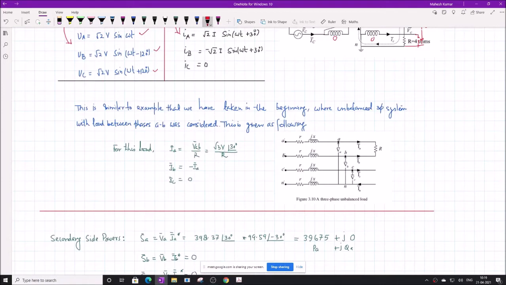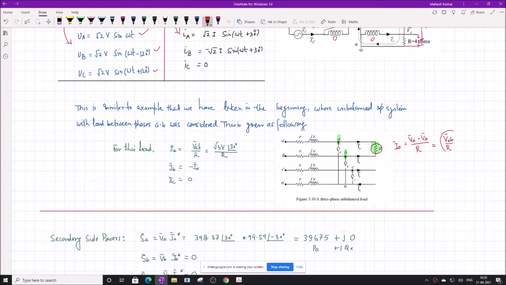We discussed in the second unit three-phase systems, and we were discussing the three-phase unbalanced system, and this is an example of a severely unbalanced three-phase system where the resistance is connected between A and B. So this is A here and this is B here, the resistance between points A and B. So for this, obviously the current IA will be (VA minus VB) by R, which is nothing but VAB by R.